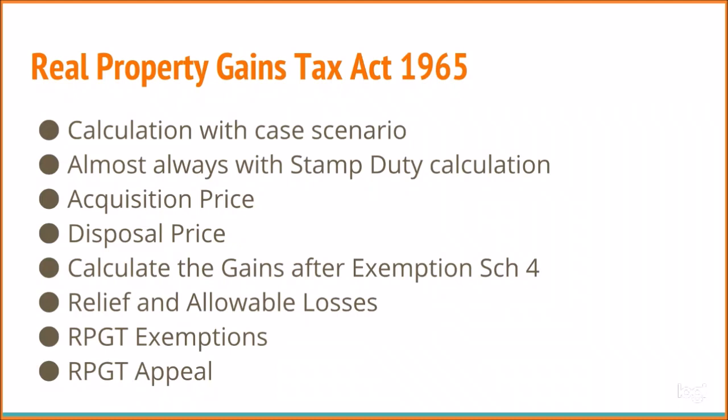There will be also some essay questions regarding exemptions or appeal. So if the tax payable is not accepted by the person who disposed of the property, then the person can write to the director for appeal to be given a lower amount or even pay up in installment.